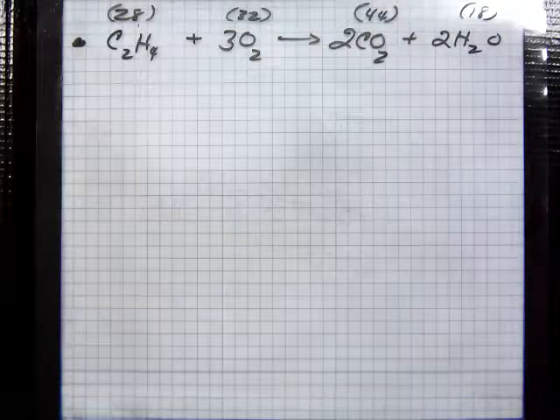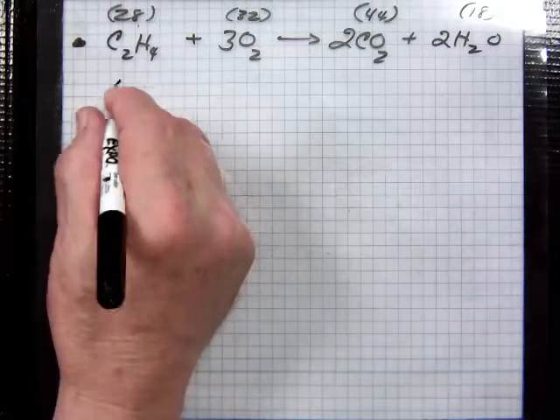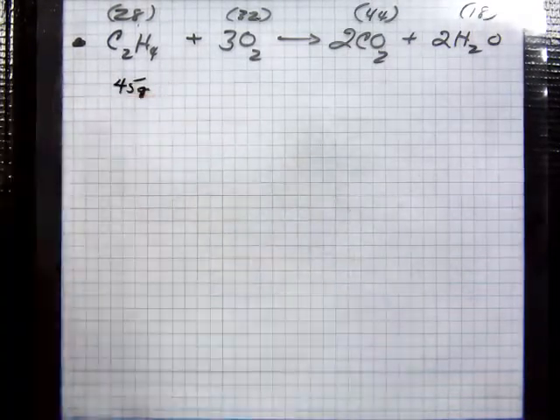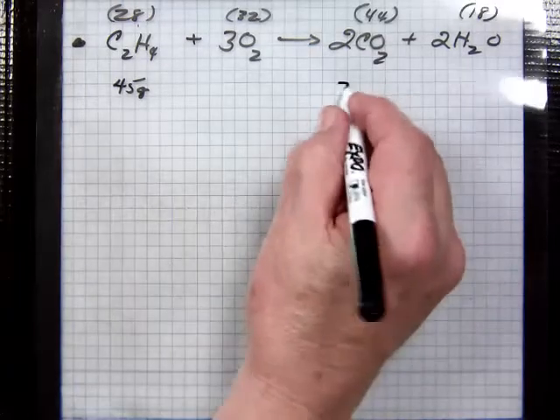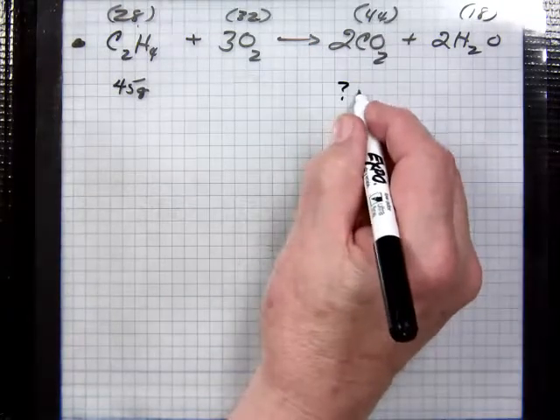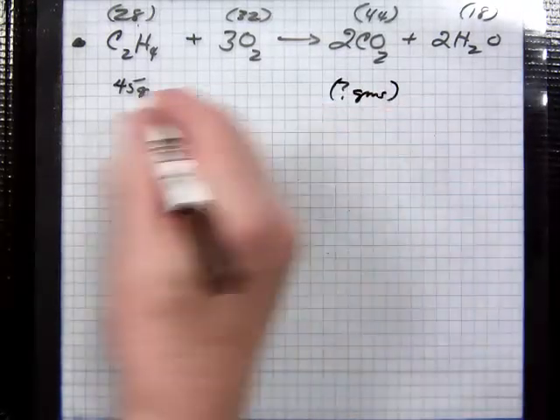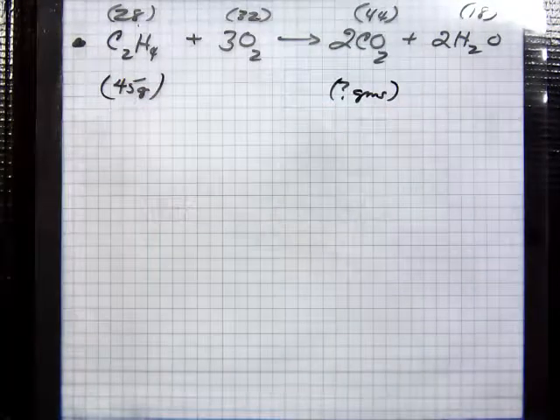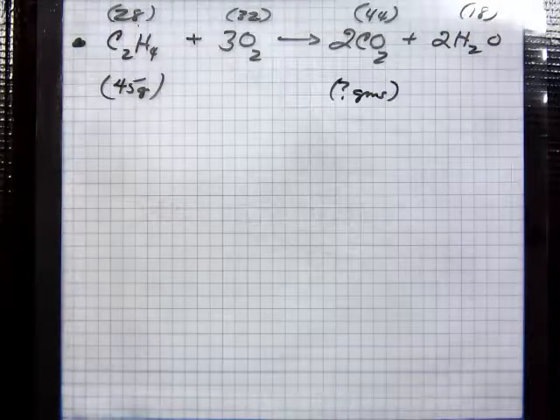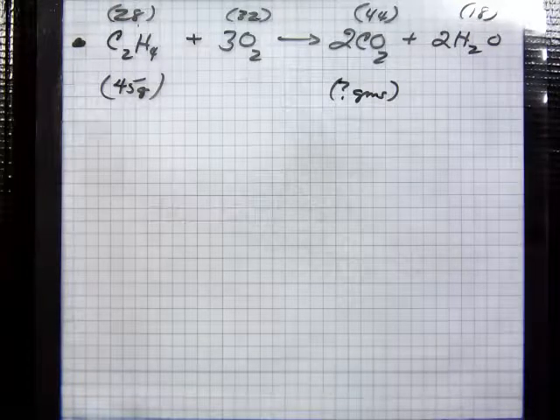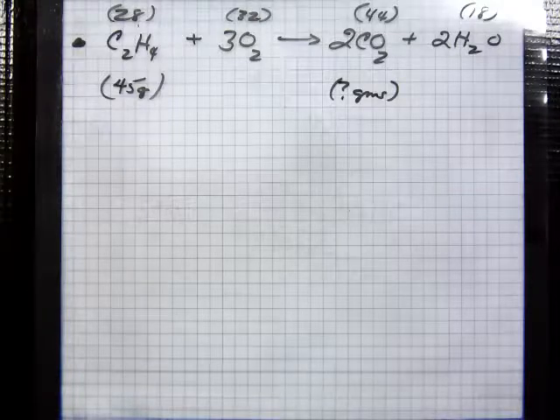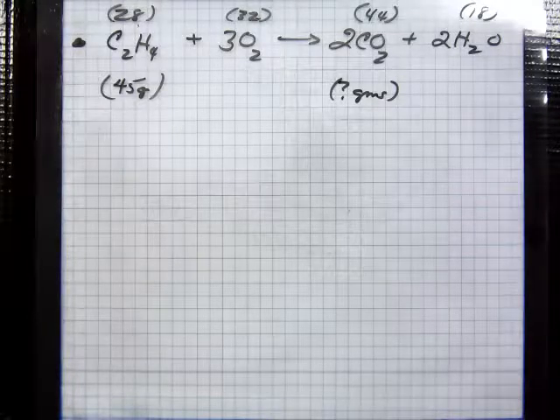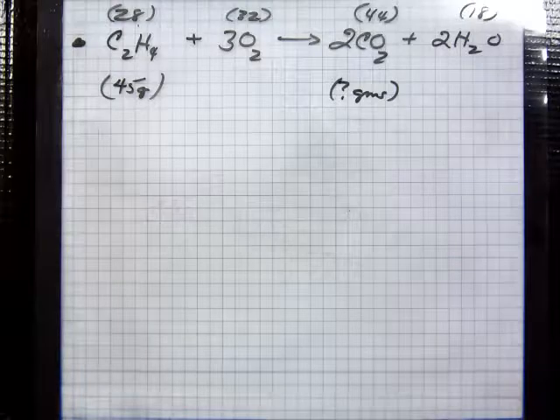Now let's look at the problem. If you start with 45 grams of ethylene, how many grams of carbon dioxide will produce? Same kind of problem. Number one, convert to moles. How do you convert grams to moles? Divide by formula weight. Important, huh?